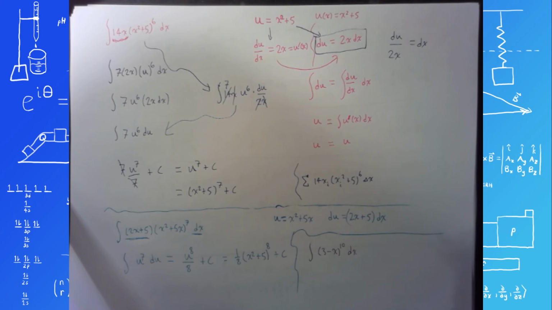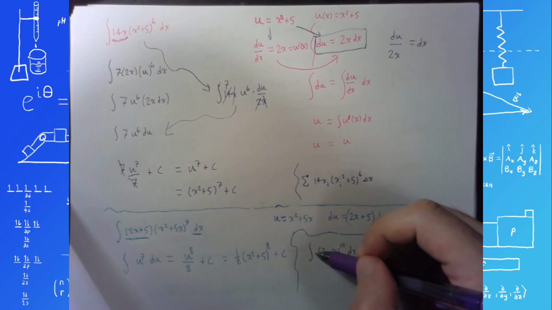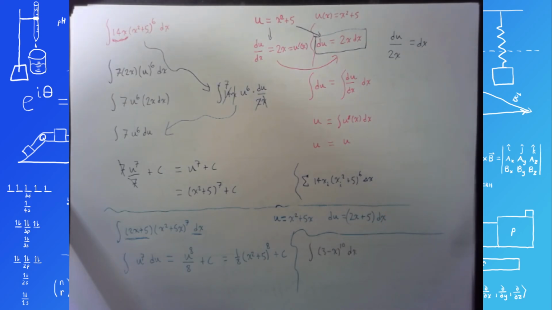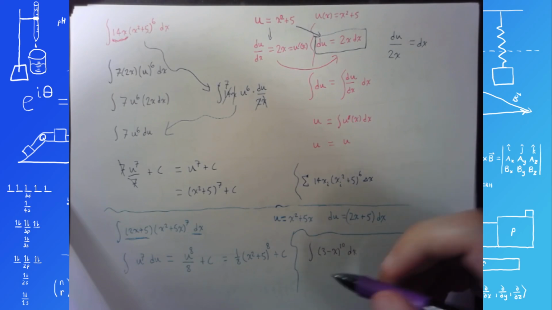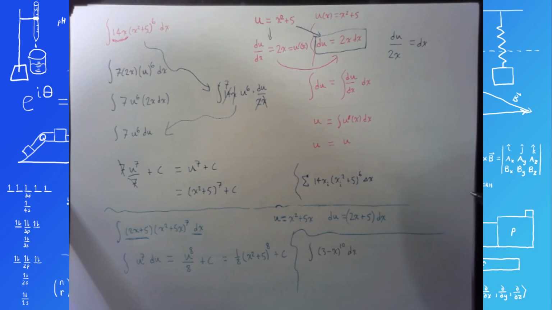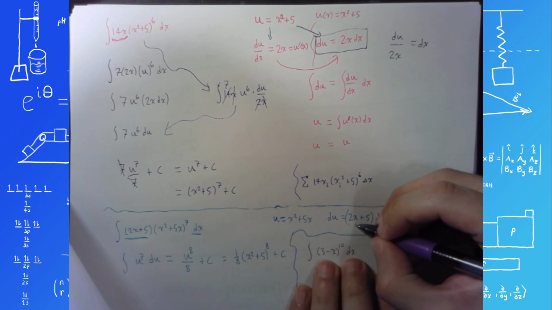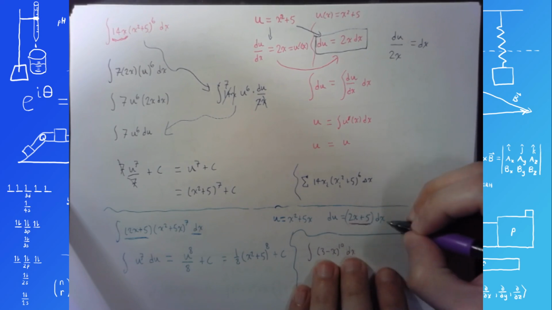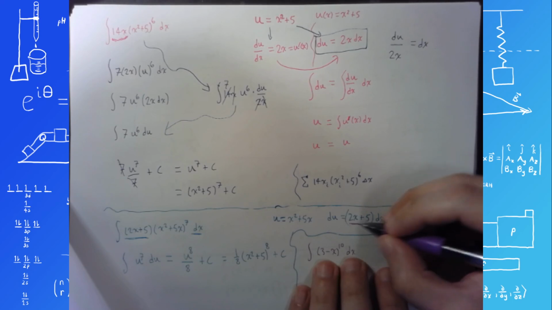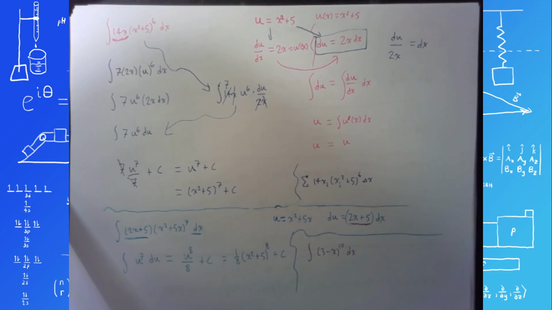And with constants, you don't really need it to already exist within your integrand, because if you need it to be a constant, you can always just put that constant in there, as long as you also cancel it out somewhere else.